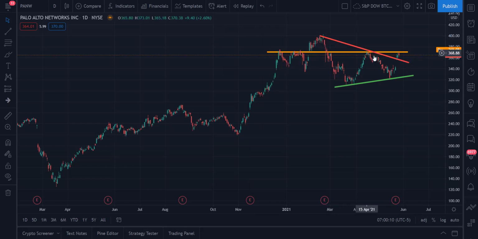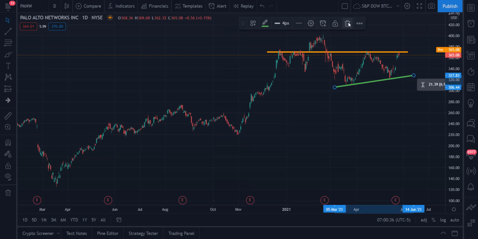I'm more prone to draw that down, even though we have a little bit of data underneath it. The question is, are we going to fall back within this, or are we going to break through? So right now, that orange line right here really is the most significant level on this chart, and that's because it's been a repeated level, a repeated theme, and has played resistance in the past.